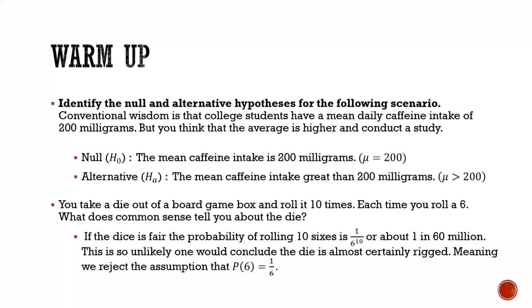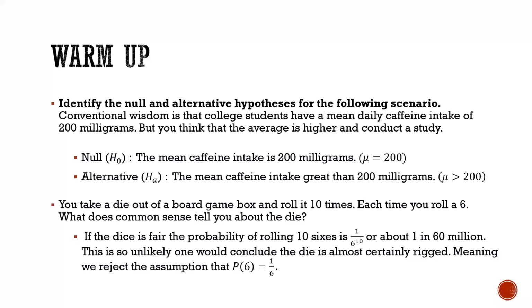When you took that dice out of the bag, you did not assume it was rigged. You had an assumption from common sense that the probability of rolling a 6 is 1 out of 6. But when you rolled it and had something very unlikely occur given that assumption, you rejected the assumption. Does everyone see that that is what a hypothesis test does?